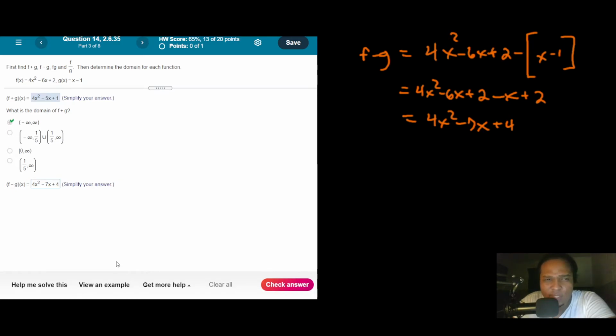All right, 4x squared minus 6x plus 2. Negative x. Oh, why did I put a 2 there? Darn it. Why didn't you guys say something? Anyway, plus 1. So this is actually a 3. So let's make that into a 3. It happens.